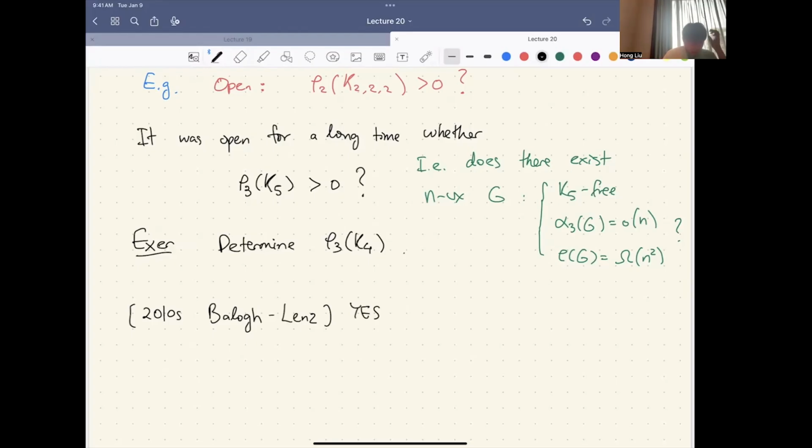So the bound we have for now is that rho_3 of K5 is at least 1/8. That's their result. And less than 1/6, that is, 1/6 times n choose 2.